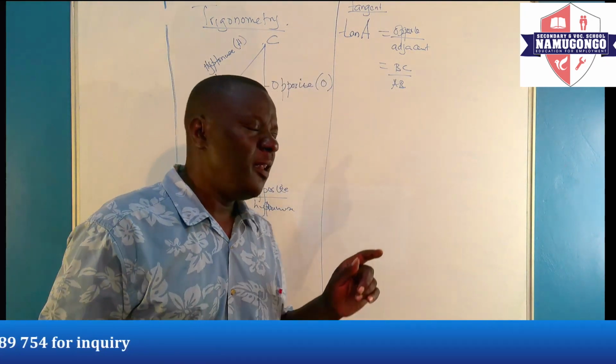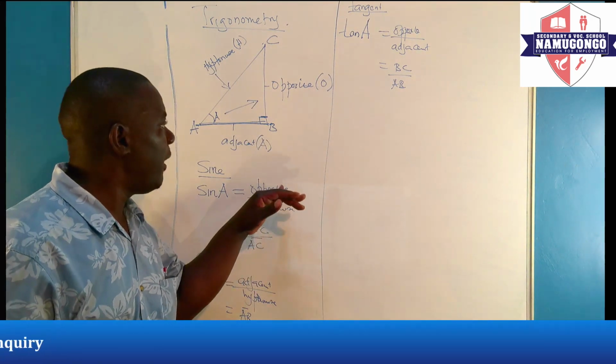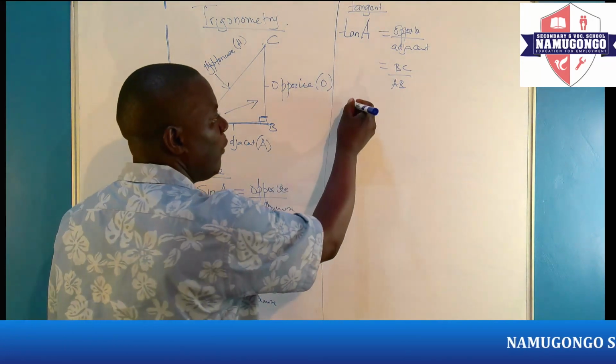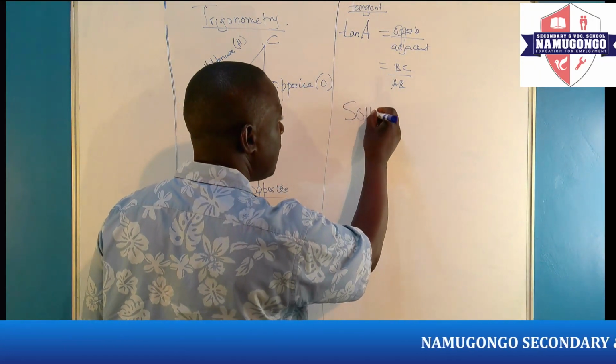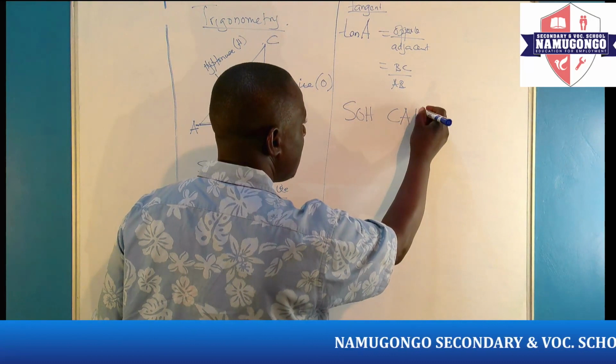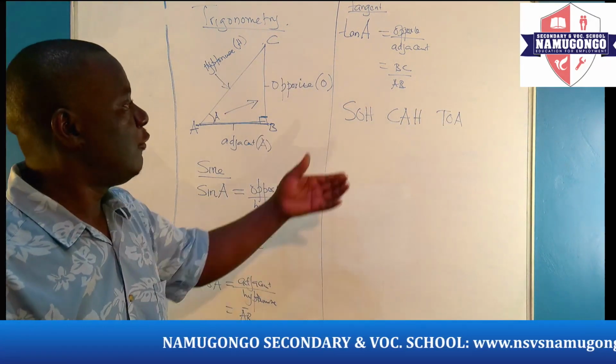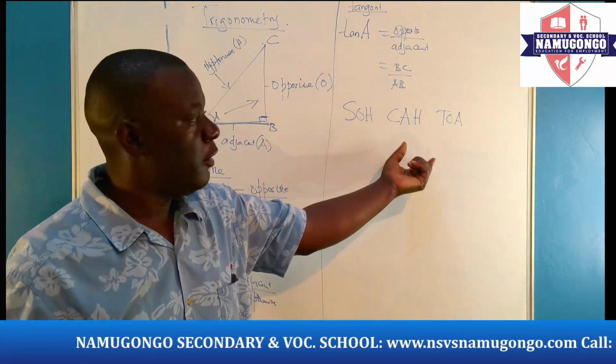Now, there is a shortcut for us to remember these three ratios. We are going to look at SOH, CAH, TOA.